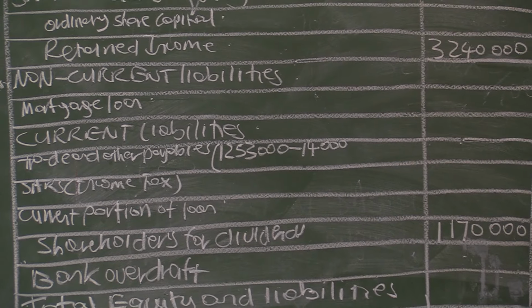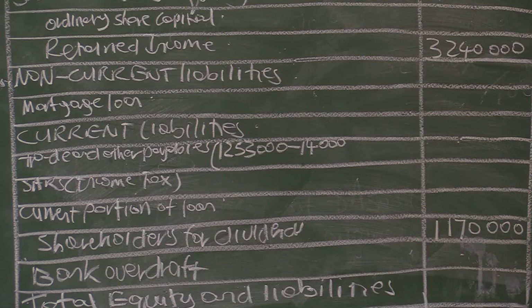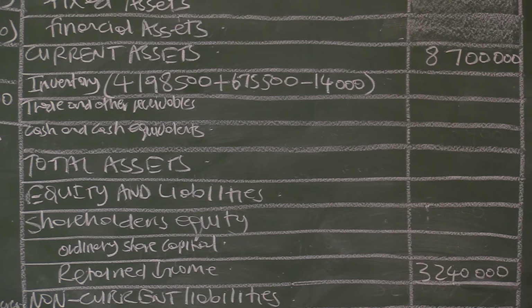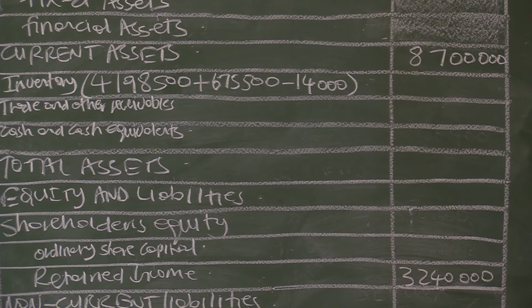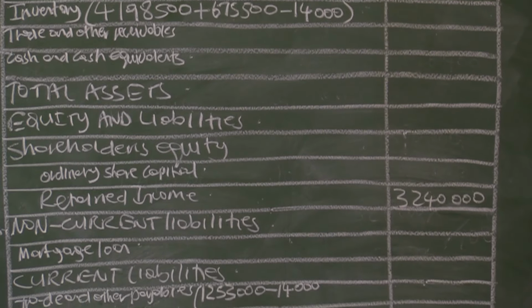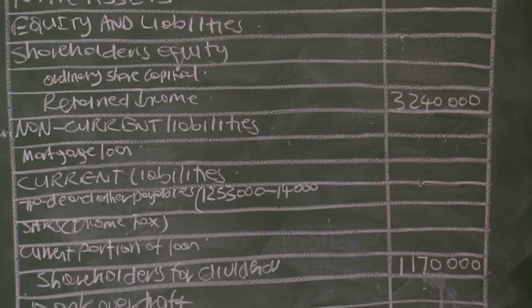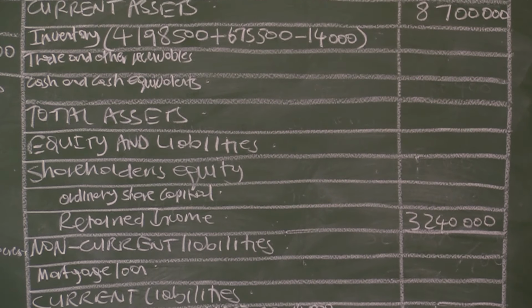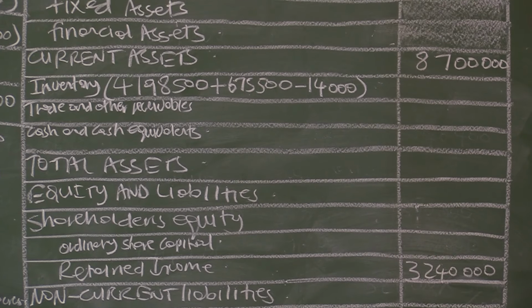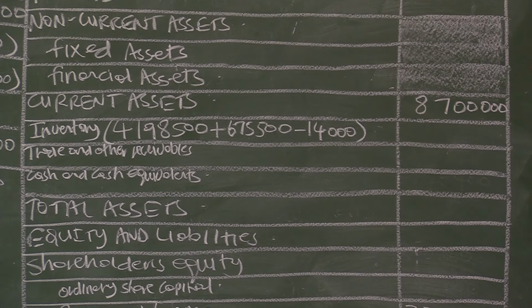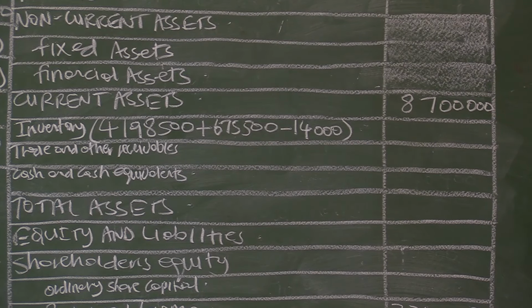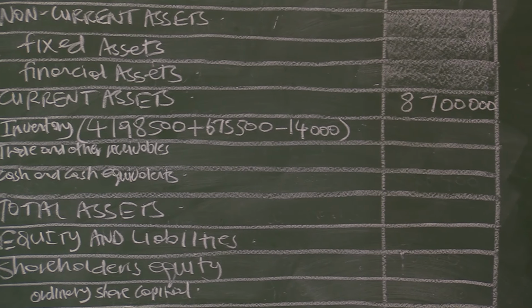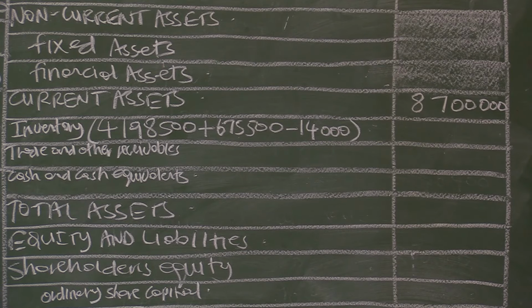So let us now calculate the value of our inventory. That's 4,198,500 plus 675,500 minus 14,000 equals 4,860,000.